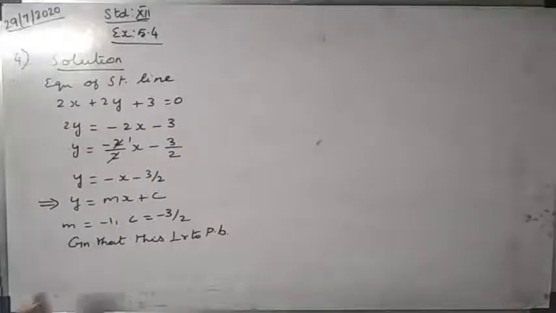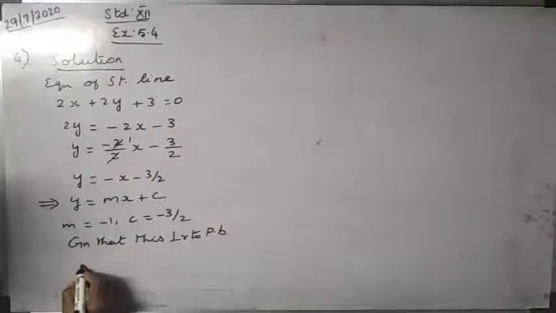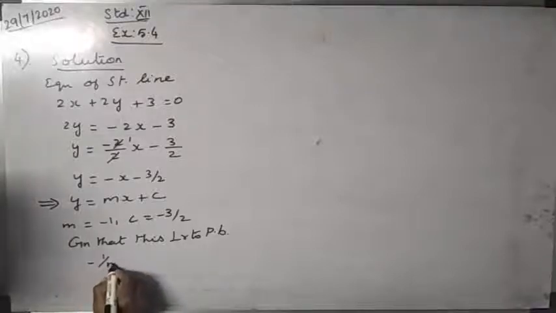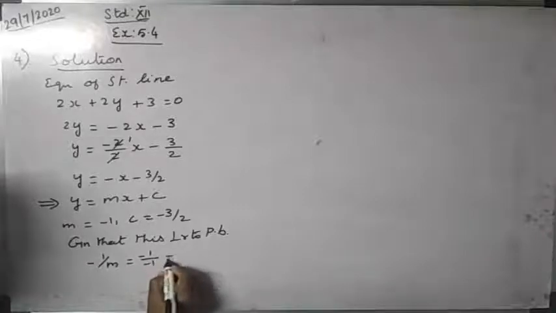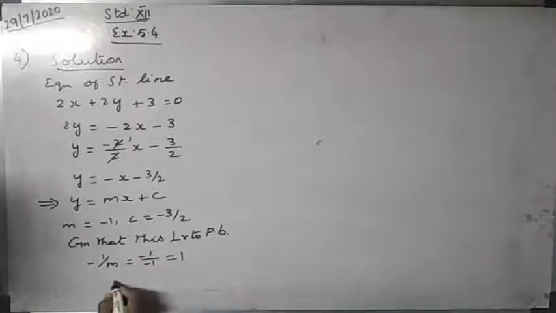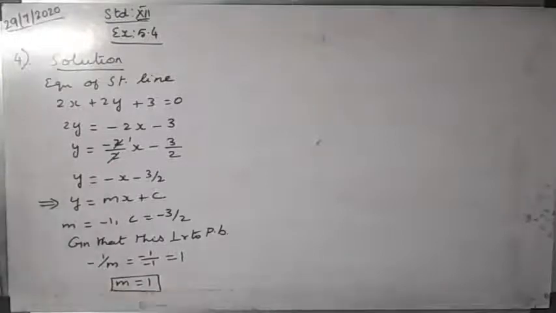So therefore, perpendicular means we can take minus 1 by m. So minus 1 by m is equal to minus 1 by minus 1, which is equal to 1. So we have to take m value is equal to 1 now.